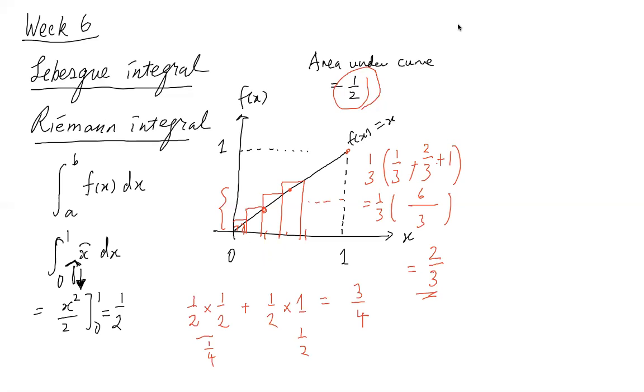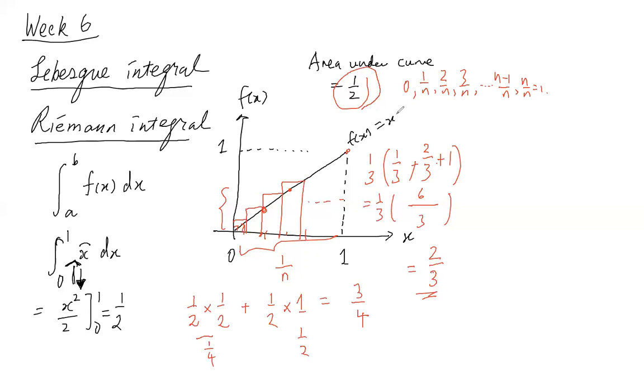Let's say we divide this into intervals of 1 over n. So my sequence will be 0, 1 over n, 2 over n, 3 over n, until n minus 1 over n, and n over n, which is 1. So I have these points, where I have a cut.